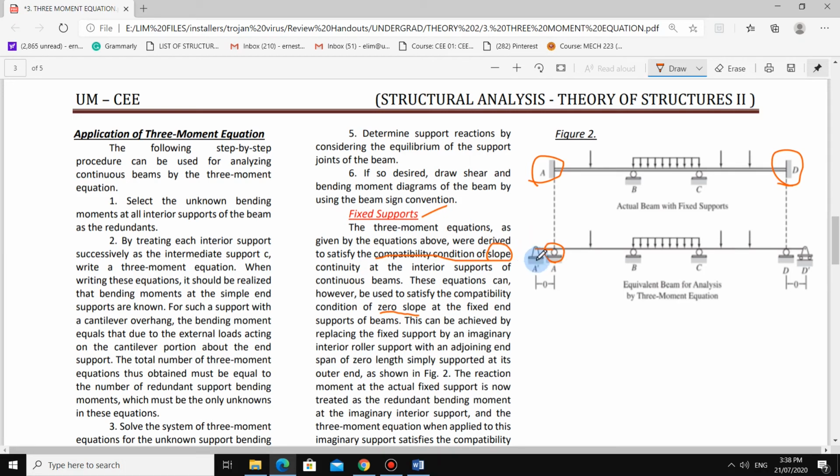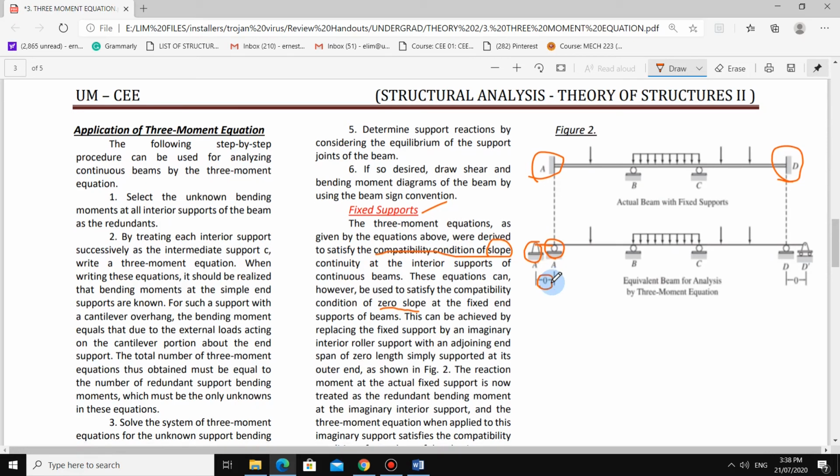A simple support only, it can be a hinge. It can be a hinge or a roller, okay. So you put an imaginary support at length 0. Okay? So that is how to address the problem of fixed end supports in the 3-moment equation.